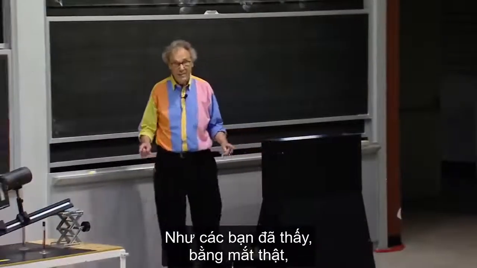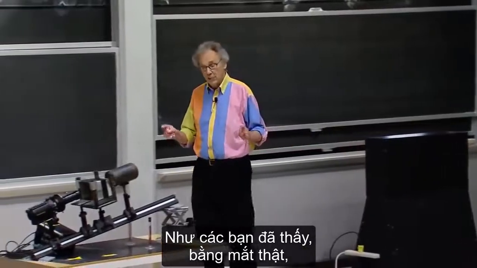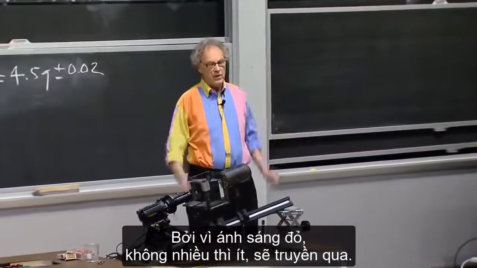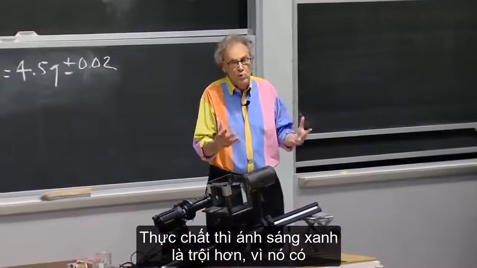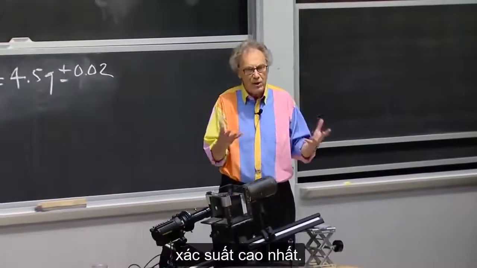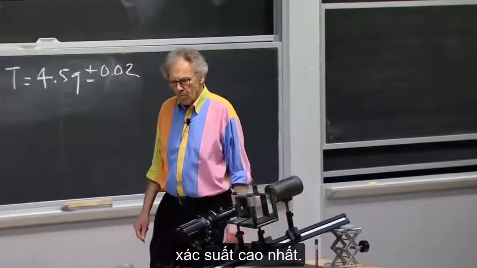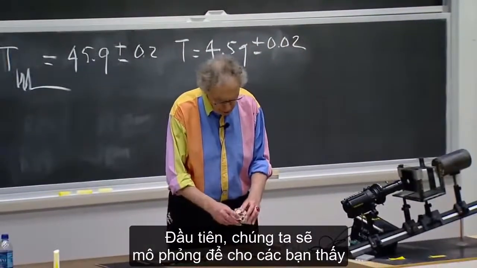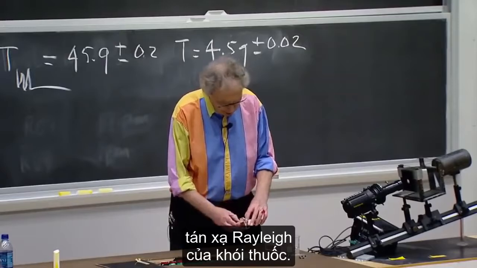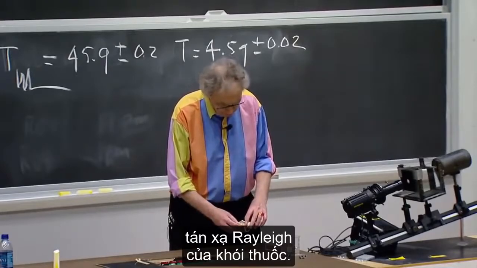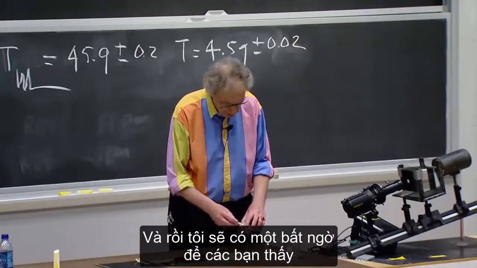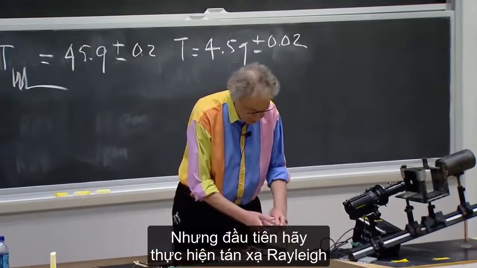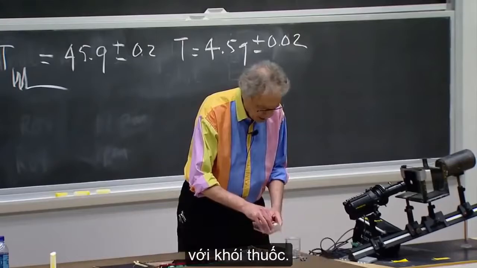So you will have seen in front of your own eyes Rayleigh scattering, because the red light more or less goes through. It is really the blue that dominates, that has the highest probability. So we're first going to do that demonstration to show you Rayleigh scattering of cigarette smoke. And then I have a surprise for you to also show you Mie scattering. But let's first do the Rayleigh scattering with cigarette smoke.